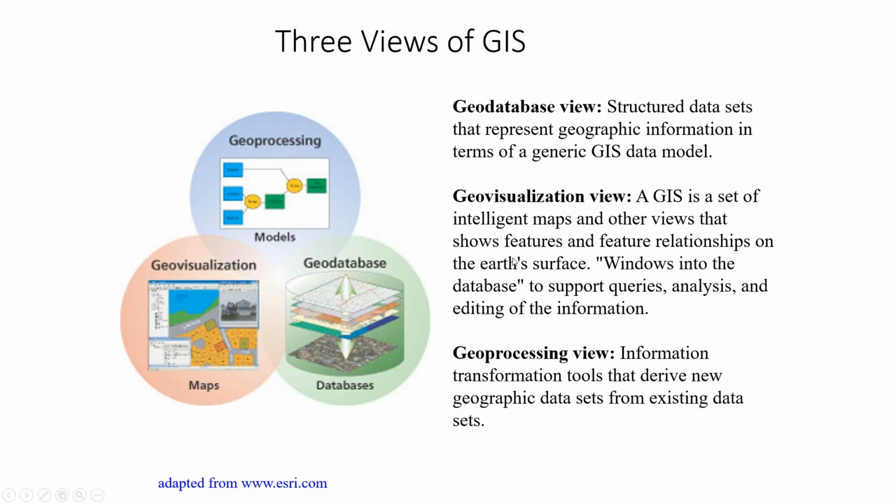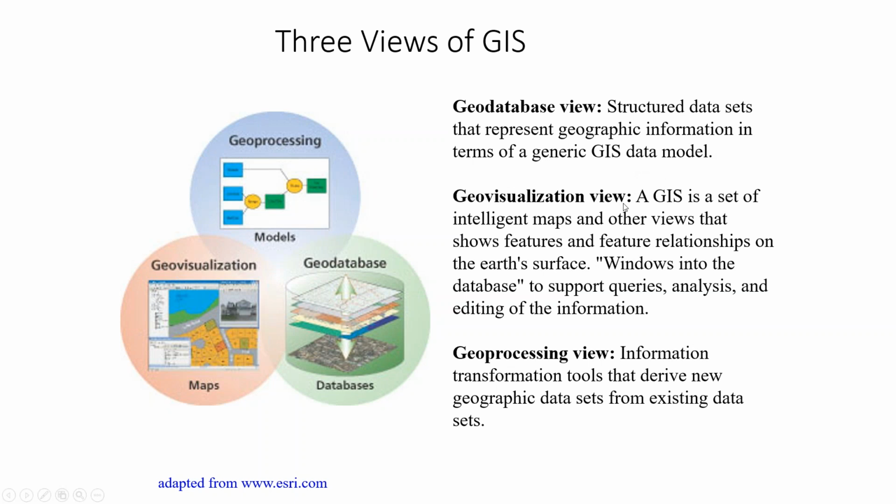There's really three views of GIS that I'd like you to think about. The first is the geodatabase view, how we structure data sets to represent geographic information in terms of a generic data model.